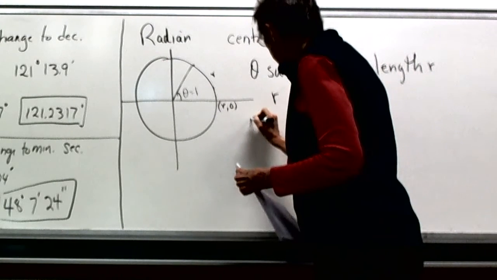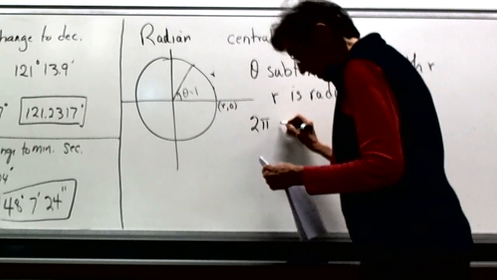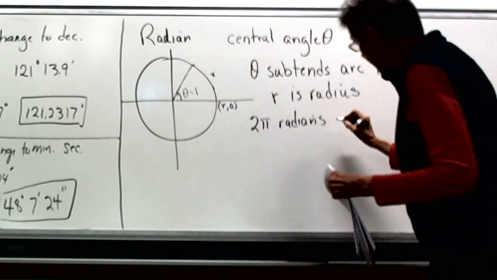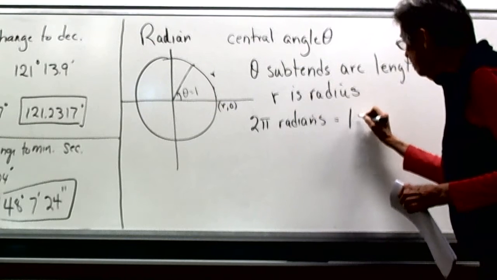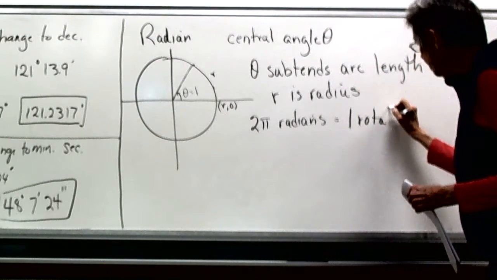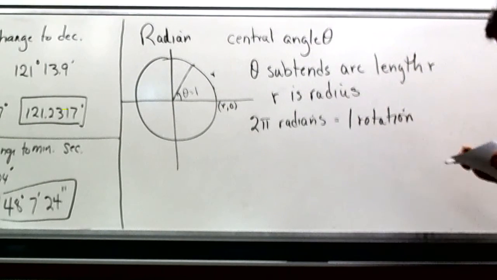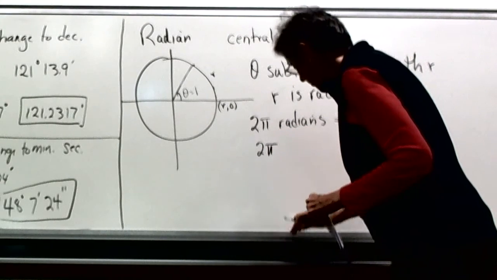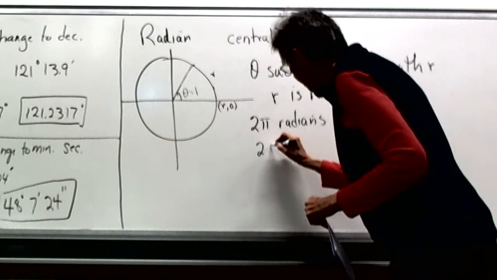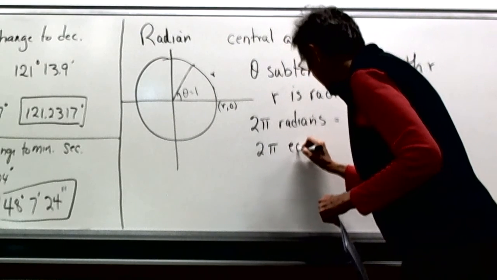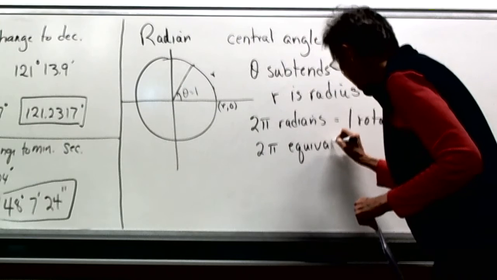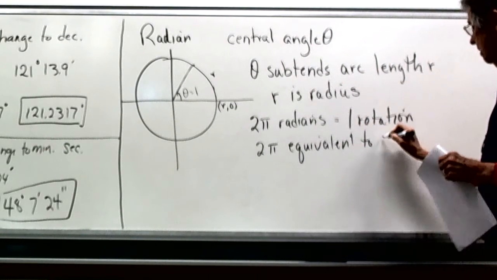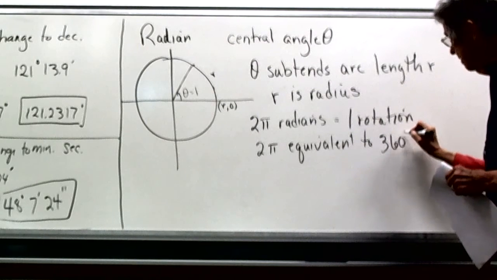We can say that 2 pi radians is equal to 1 rotation. In other words, 2 pi is equivalent to 360 degrees.